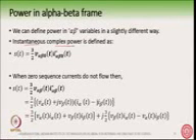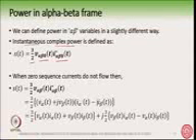ST is 3 by 2 V alpha beta 0 T into I alpha beta 0 T star. As per our convention, from the conventional definition of power, 3 times V I star.